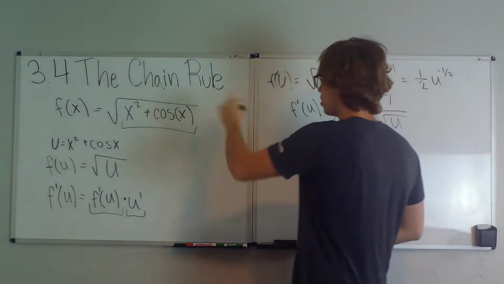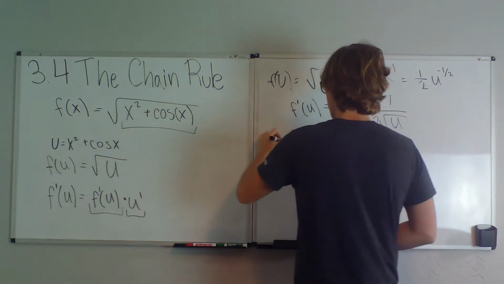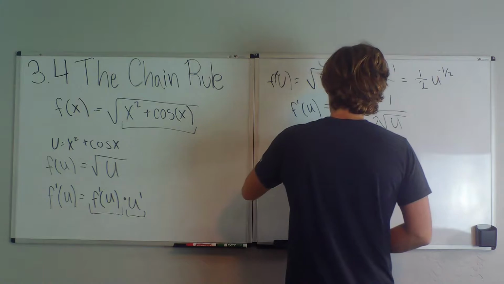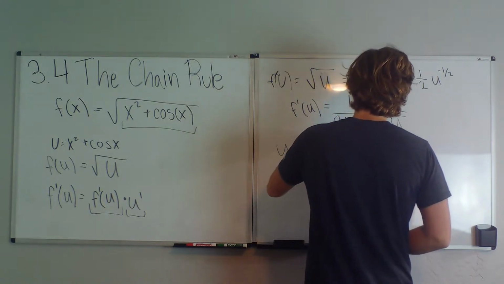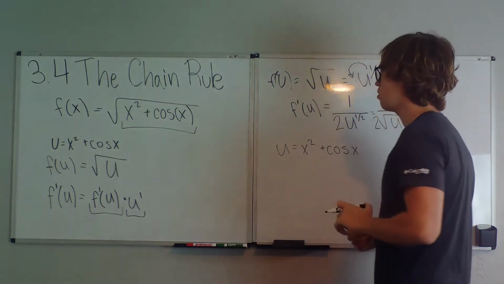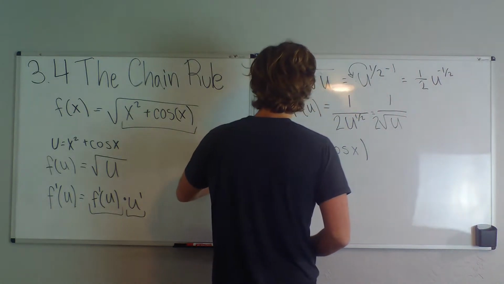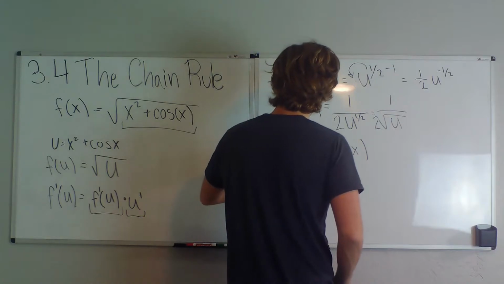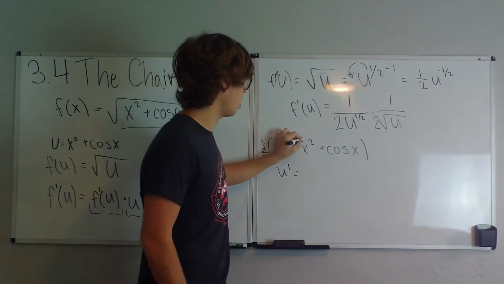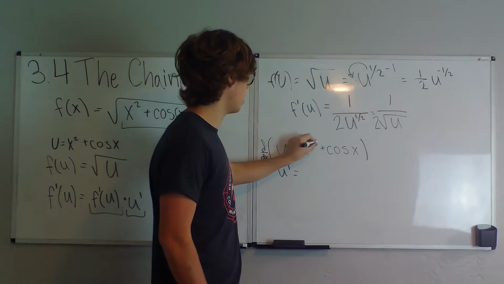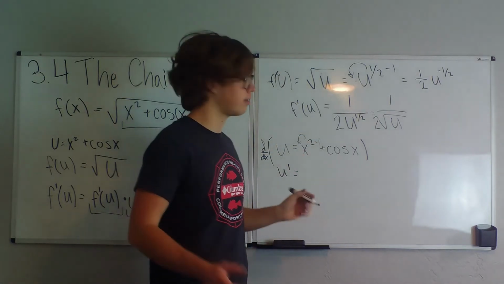But now we need to find the derivative of u. So, u is equal to x squared plus cosine x. But, what's our derivative? Well, we just take d/dx on both sides. And we get u prime is equal to, well, x squared, power rule, 2 comes in front, minus 1, 2x.